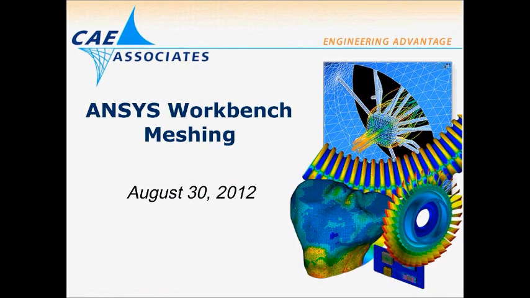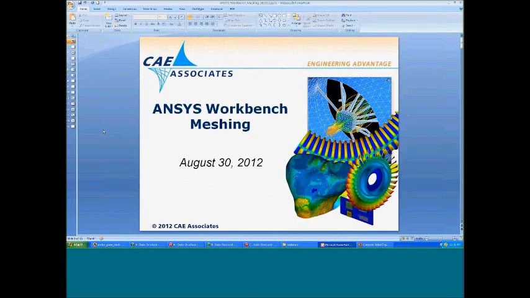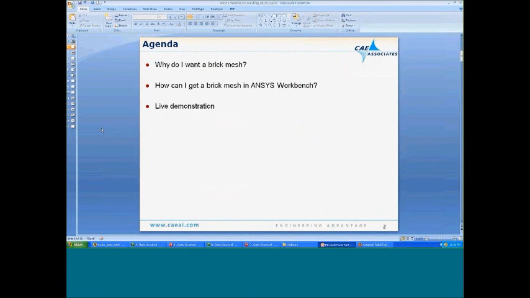Okay, so let's get started. Let me open up my PowerPoint here, make sure we're looking at the right thing. What we're going to go over today is Ansys Workbench Meshing, and specifically solid meshing within Ansys Workbench. The topics that I plan on covering, first and foremost: why do I want a brick mesh?